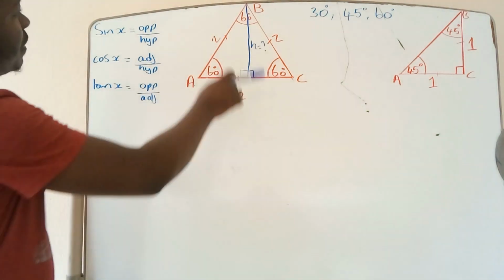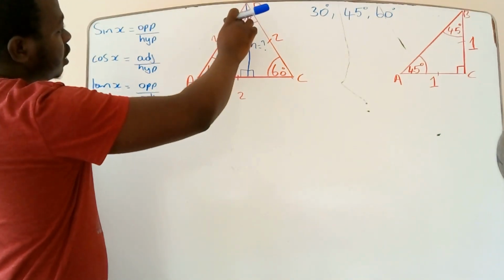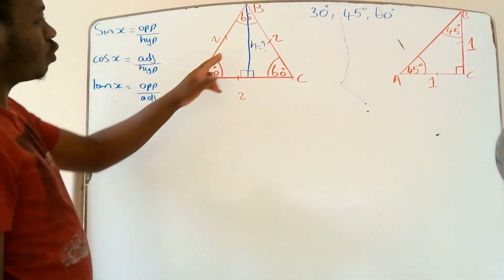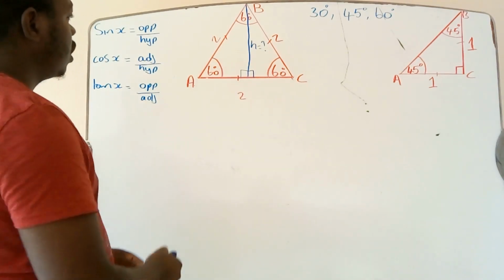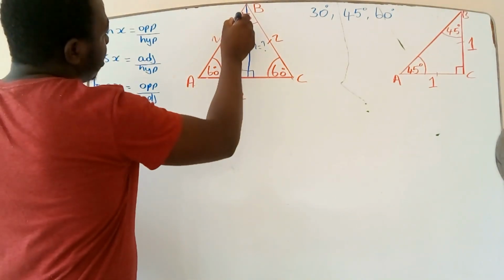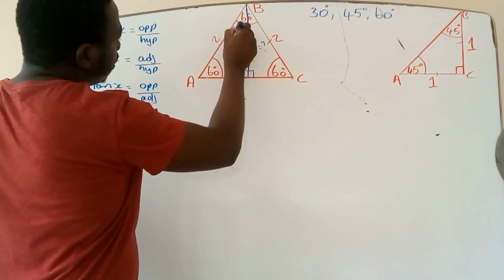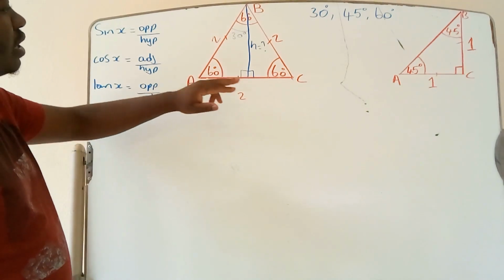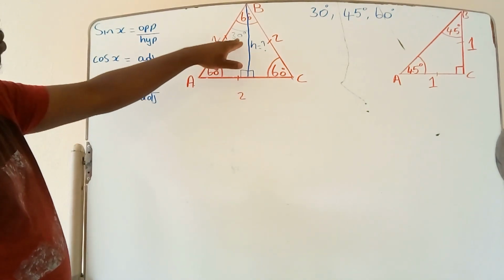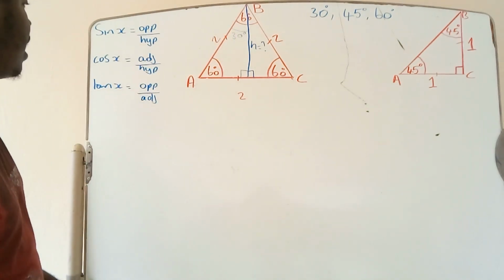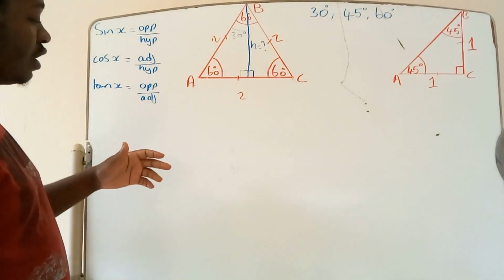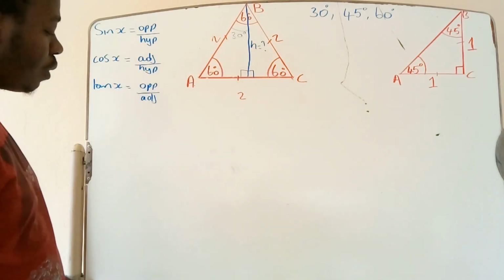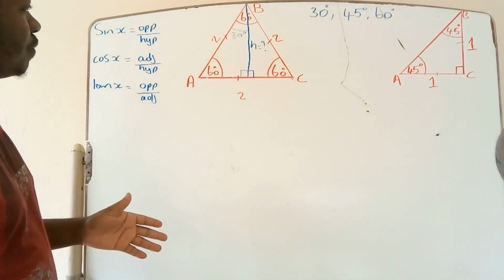Now, if I split this triangle in two equal parts, creating two right angle triangles, then I can say that this angle has to be 30 degrees, right? Because if this is 60 and this is 90, then this has to be 30 degrees. Now I can use a popular theorem that you are familiar with to calculate the height H, which is the Pythagorean theorem.